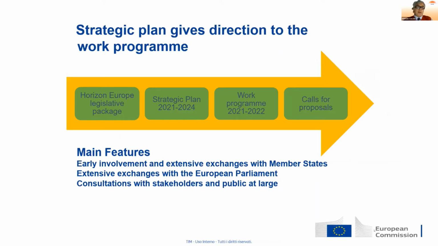So what can you do? First of all, if you are not familiar with this, there are all the documents like the legislative package, so you know exactly the terms of the contract and so on. The Commission already published a strategic plan on Horizon Europe, so you can download it very easily by Google; just search for strategic plan Horizon Europe. And then the Commission is preparing the work program, which means exactly which kind of technologies can be funded in each call.